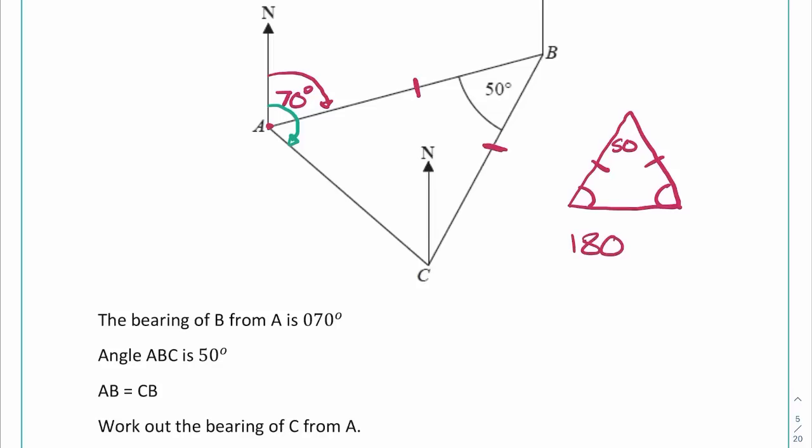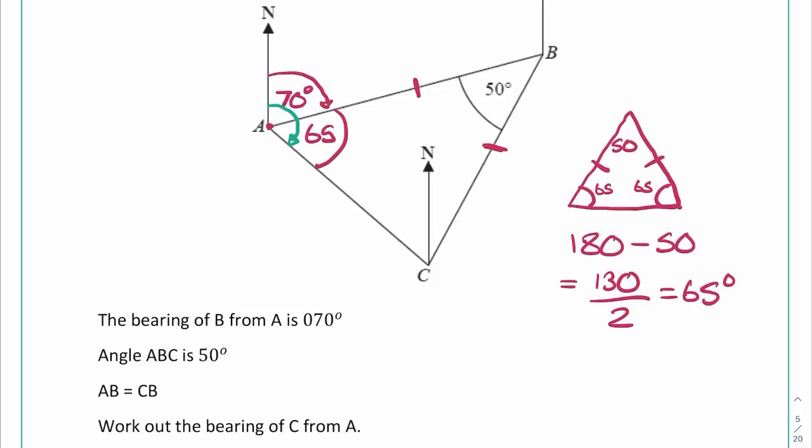So if we take away the top angle from 180, we get 130, and divide that by 2, that gives us 65 degrees. So we know that both these base angles are 65, which would be this angle here, and also the total of this angle here.